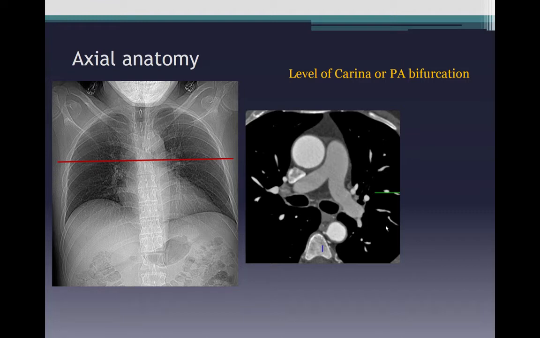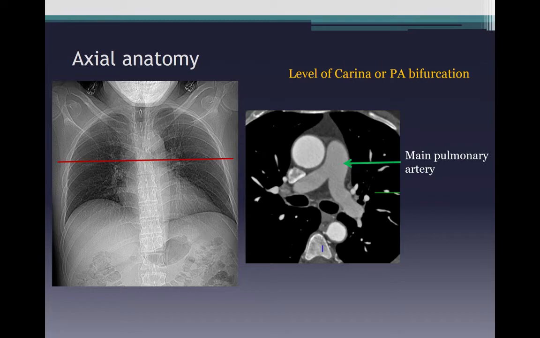and the various other structures are the branches of the pulmonary arteries and veins. Now, this level of the bifurcation of the main pulmonary artery and the carina is a very important level. It is at this level that we measure the size of the ascending aorta, as in most cases, the maximum dilatation of the ascending aorta in patients with aortic aneurysms occurs at this level.